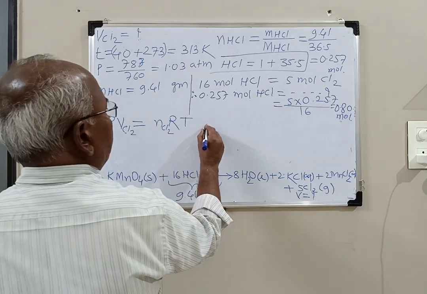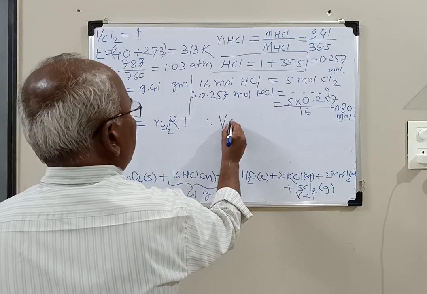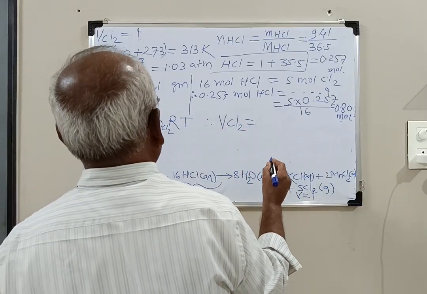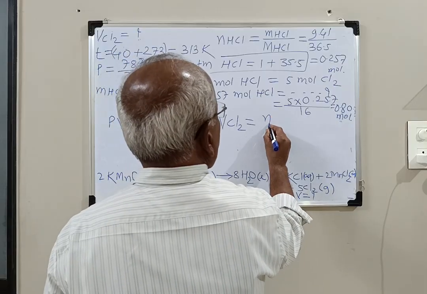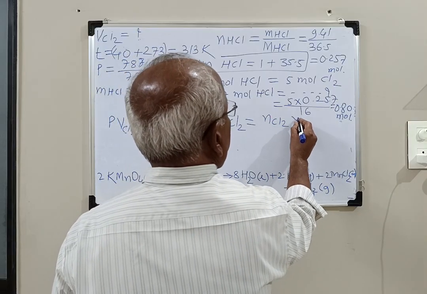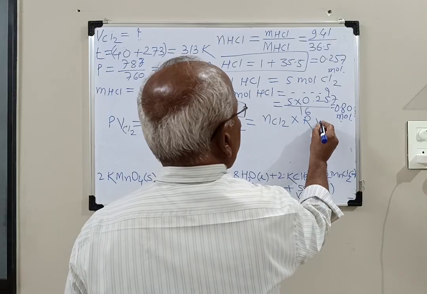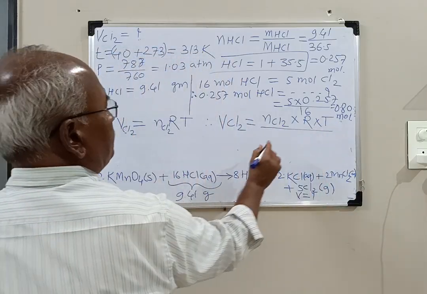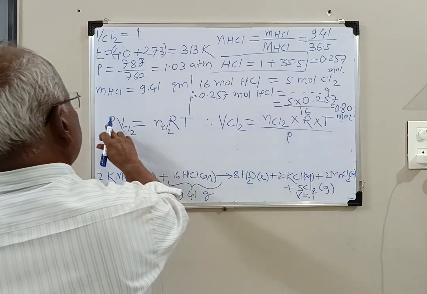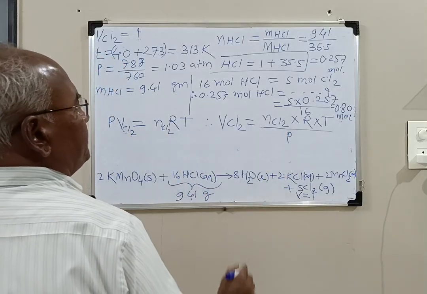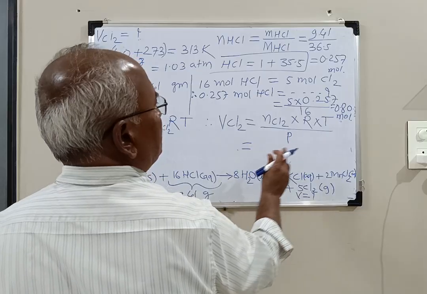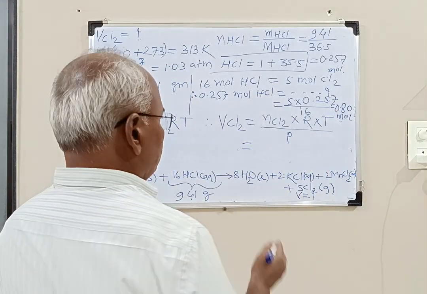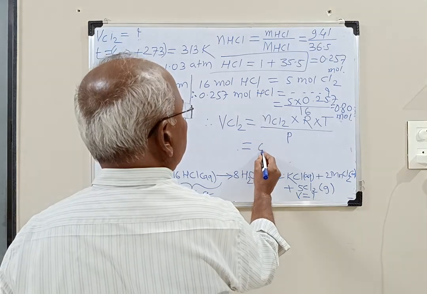Therefore, volume of chlorine is equal to moles of chlorine into R into T divided by P. Take this P on the right hand side.